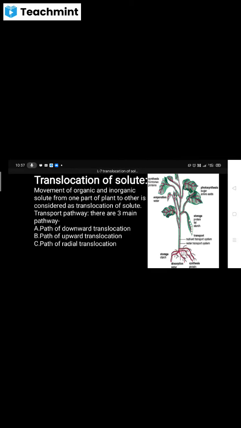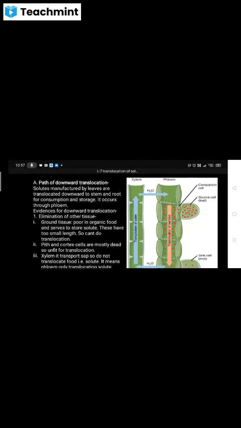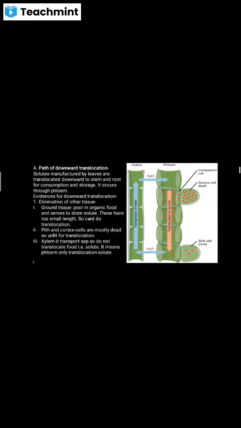So for the movement of these organic and inorganic solutes, there are three main pathways. First one, downward translocation. Second one is the upward translocation, and third one is the radial translocation. Then let's discuss the path of downward translocation.